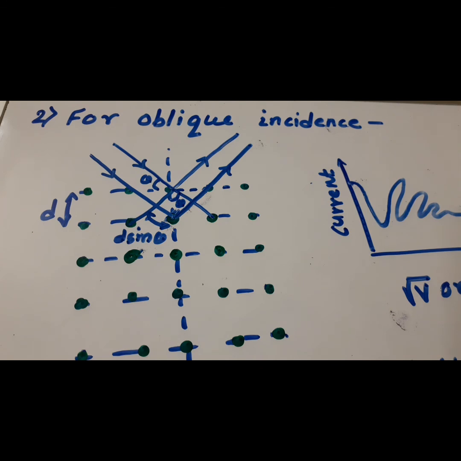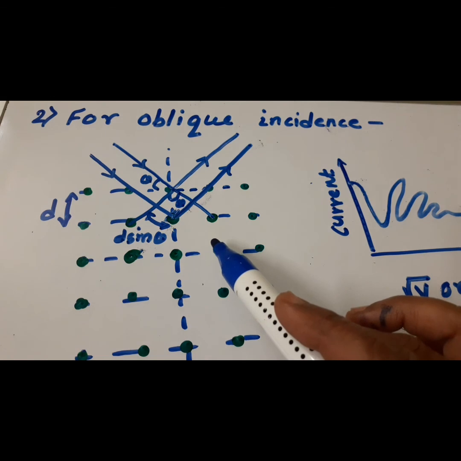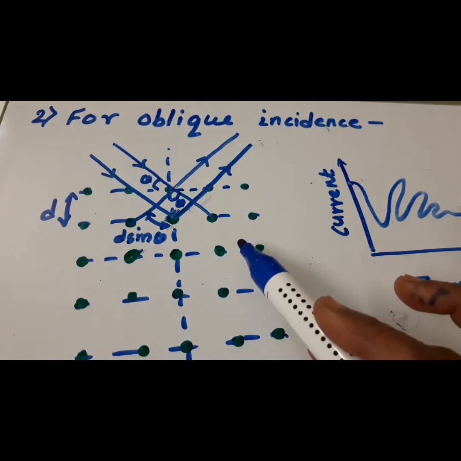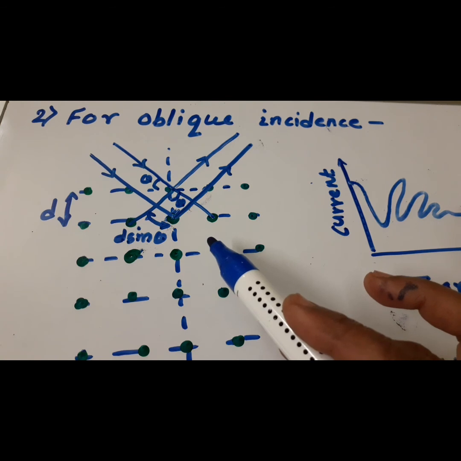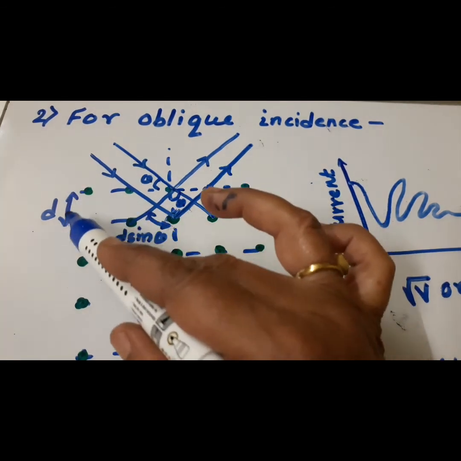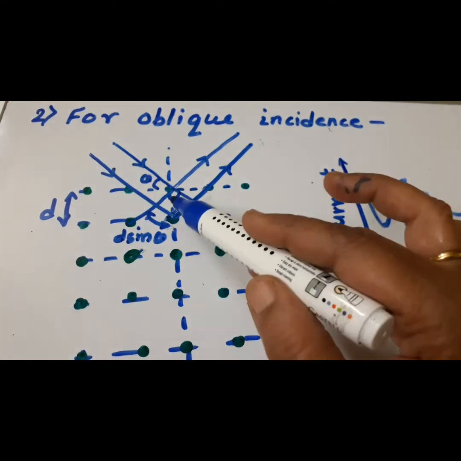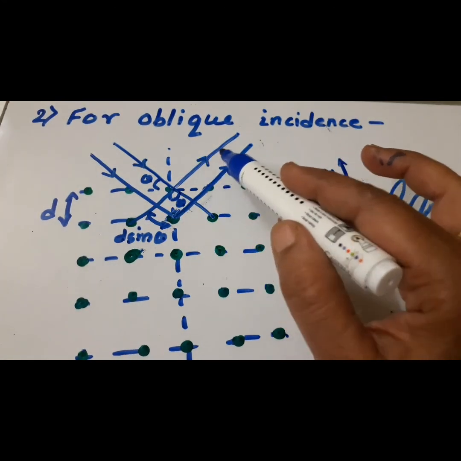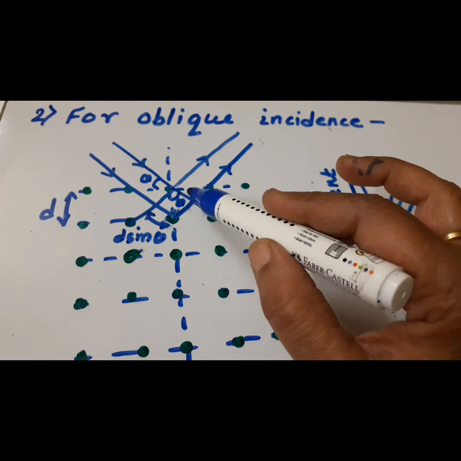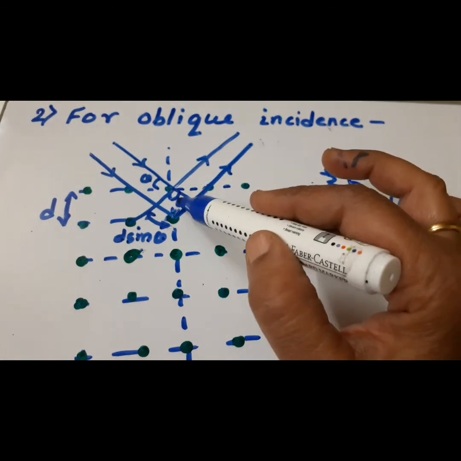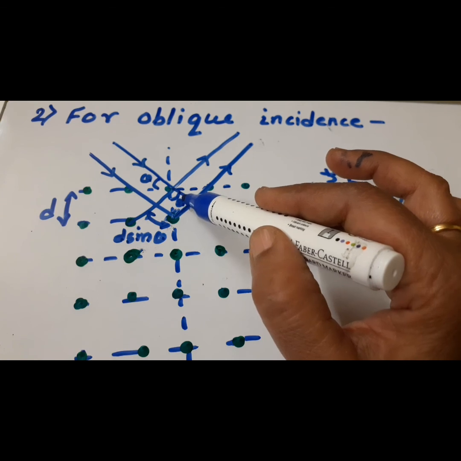This figure shows the Bragg's reflection. Here is the 5 by 5 array, and this is the spacing between the two planes, and these are the incident rays and these are the reflected rays. Here the angle made is theta, this is the incident angle and this is the reflection angle.